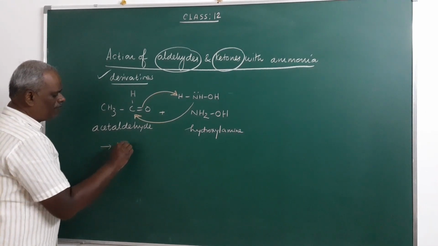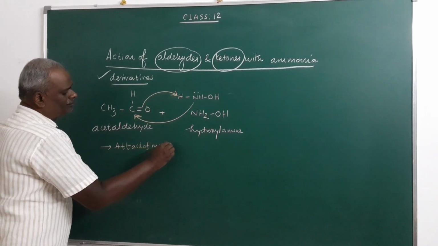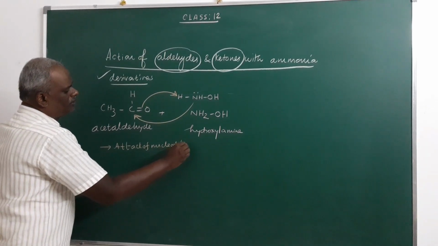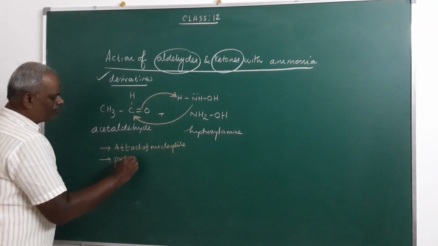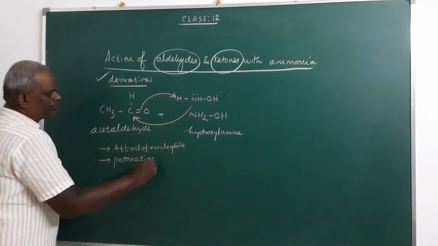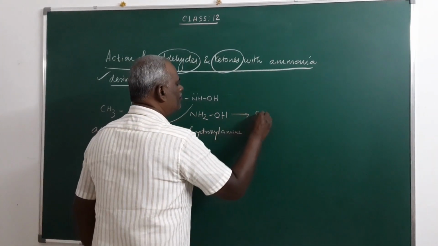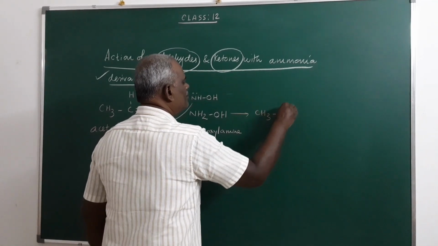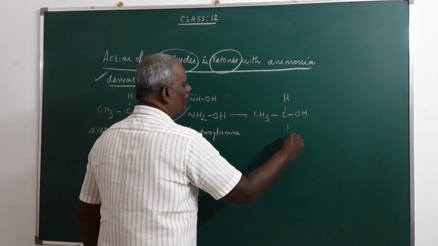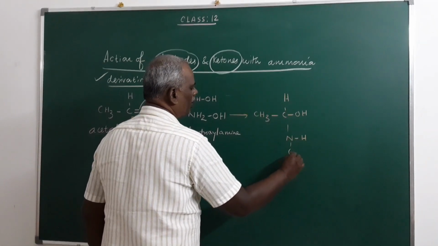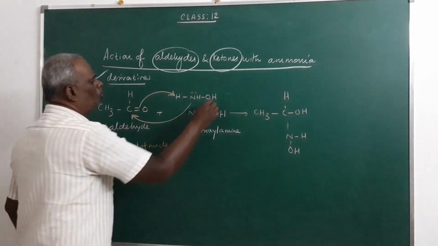The first step is the attack of the nucleophile, and the second step is protonation of that oxygen. So at the end, we have an addition compound, CH3 CH, it becomes OH, here I can write NHOH. See this one, NHOH.